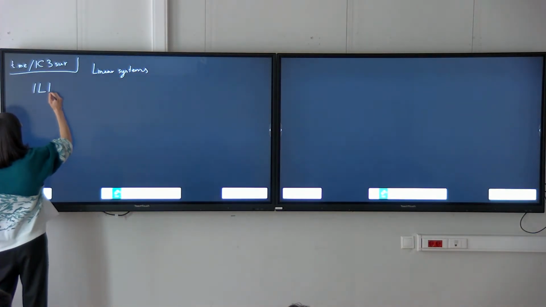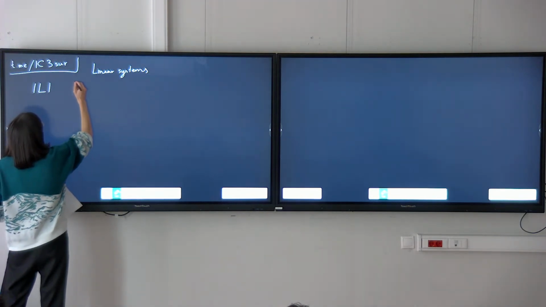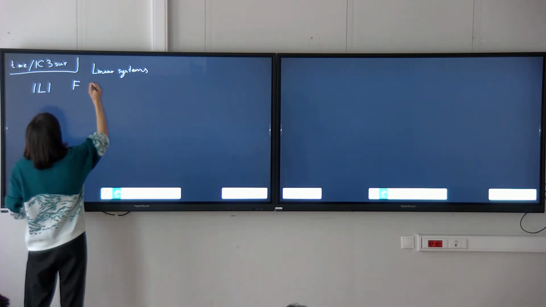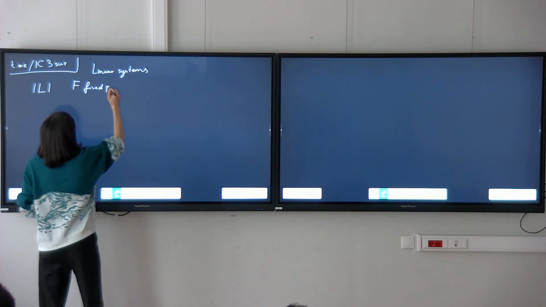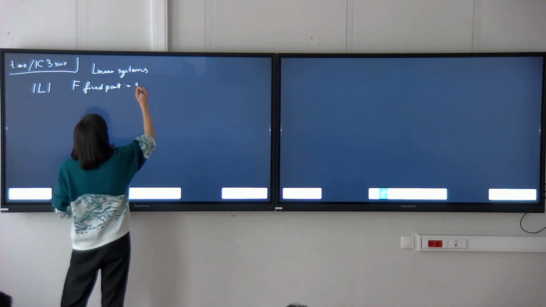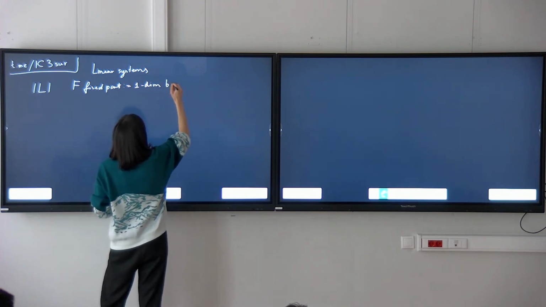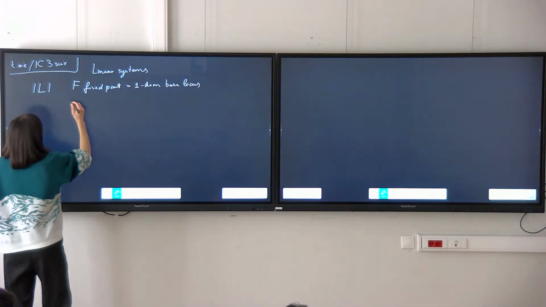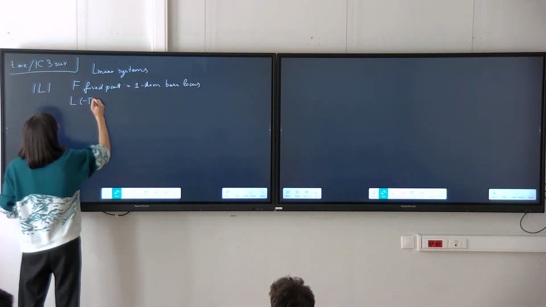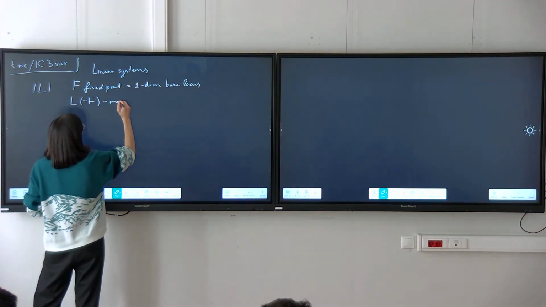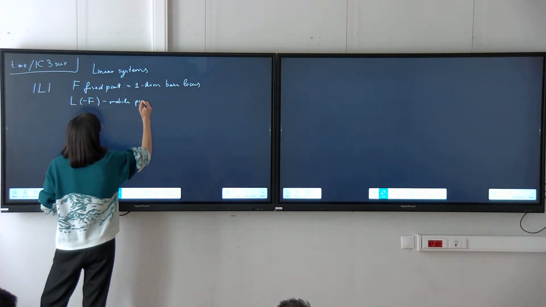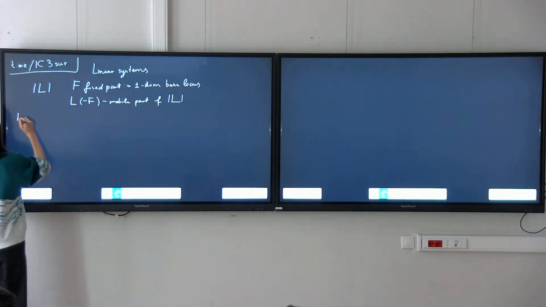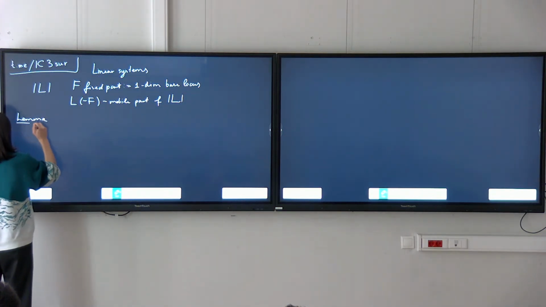If we have a linear system, we define its fixed part as one-dimensional base components, and its mobile part as the mobile part of the linear system L.